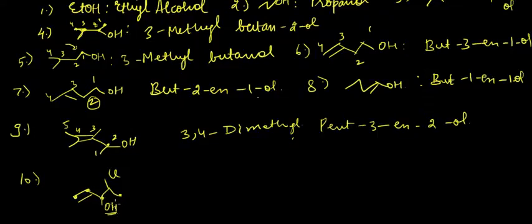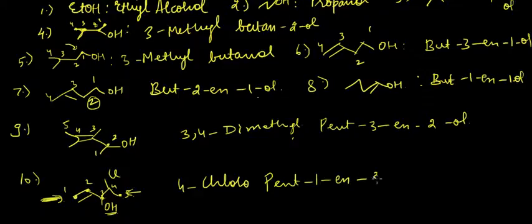As we have OH at the same position either way, next in the priority rule comes the alkene. The alkene gets the first number here, and the fourth number there. Hence we will start numbering from this carbon atom, so 1, 2, 3, 4 and 5. So the answer would be 4-chloropent-1-en-3-ol.